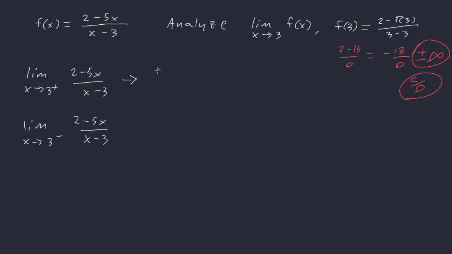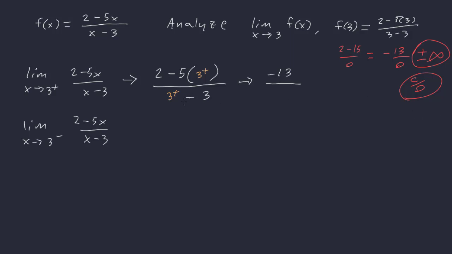So this will be 2 minus 5 times 3 plus all over 3 plus minus 3. And the reason I like to do that is because up here it's not going to matter much, because this will be 2 minus 15 plus, and either way the top is always going to be that negative 13. So it doesn't really affect that.